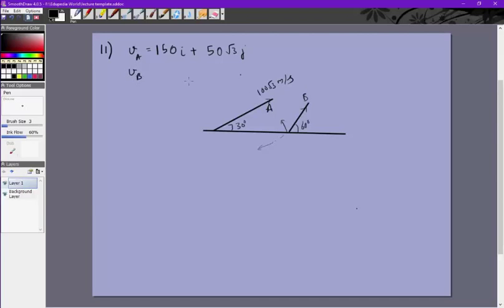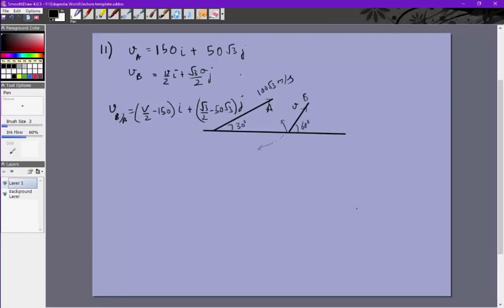And the velocity of B, we don't know the speed, let's assume it's V, so it's V cos 60 i cap, that is V by 2 i cap, plus root 3 V by 2 j cap. What is the velocity of B with respect to A? That is VB minus VA. That is V by 2 minus 150 i cap plus root 3 V by 2 minus 50 root 3 j cap.